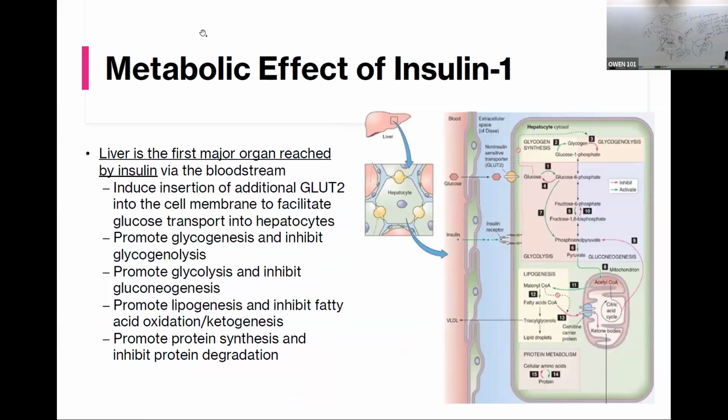Now, I mentioned just now that the first organ targeted by insulin is the liver. This is what happens in the liver, because the liver is the closest organ to the pancreas. First, it induces insertion of additional GLUT2. As you know, GLUT2 is expressed in the liver, so the liver can take sugar in.